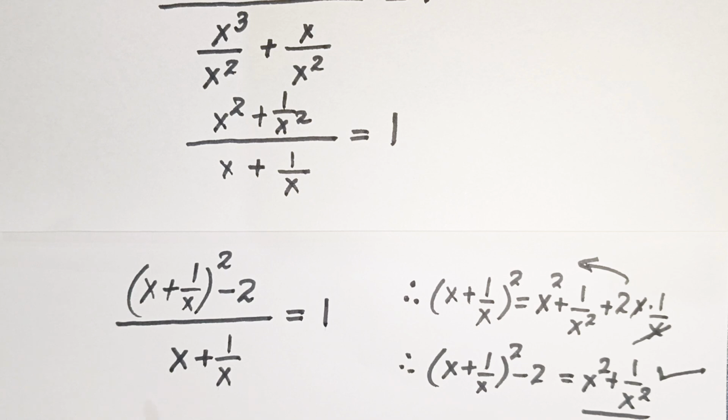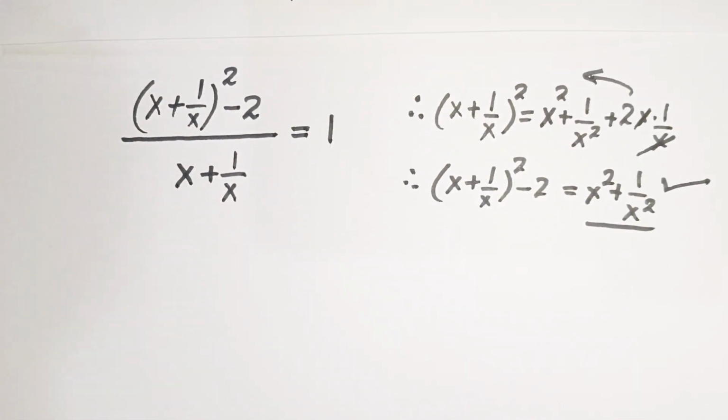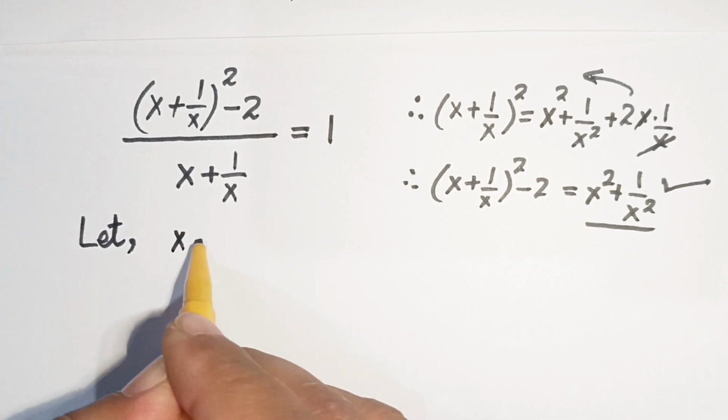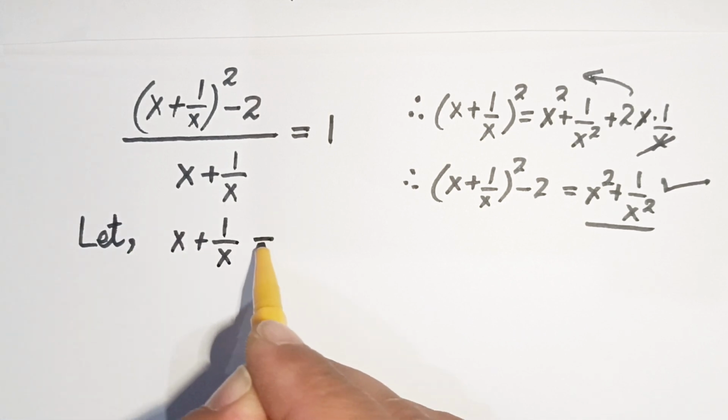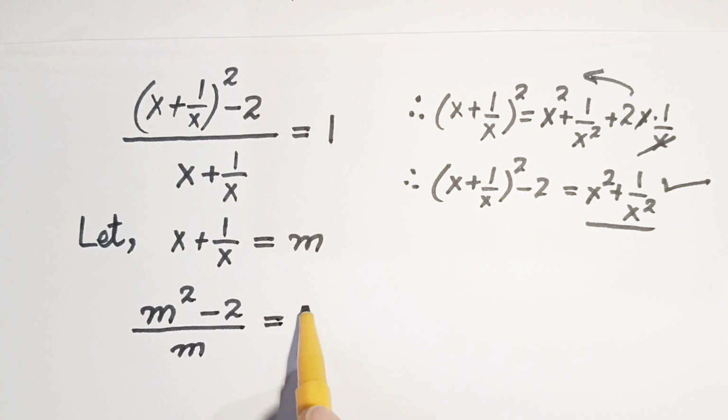Now here we see that x plus 1 over x is the same term, so let us suppose that x plus 1 over x is equal to m. So our problem will be m squared minus 2 all over m, which is equal to 1. We have just substituted the value of m, so we have m squared minus 2 all over m is equal to 1.